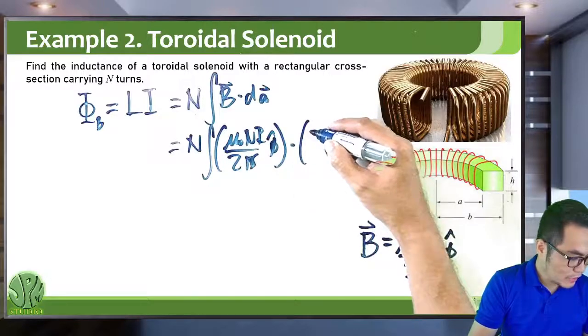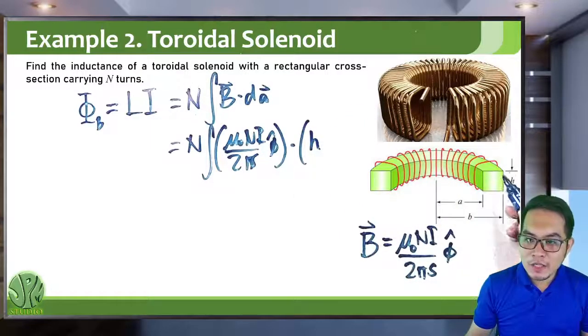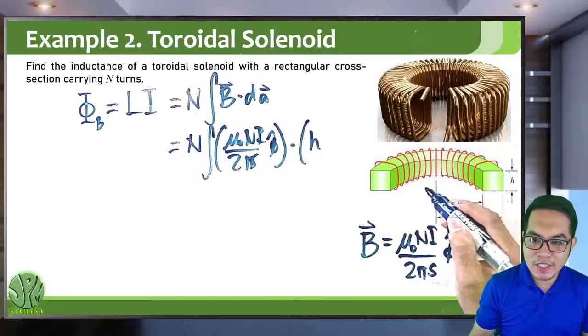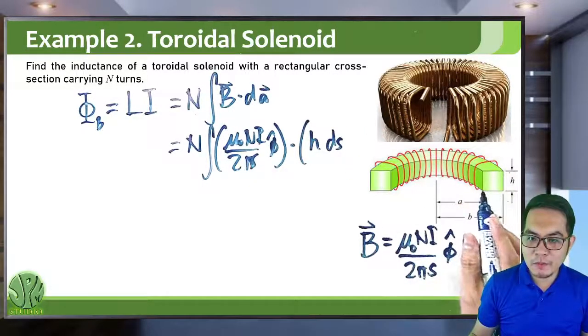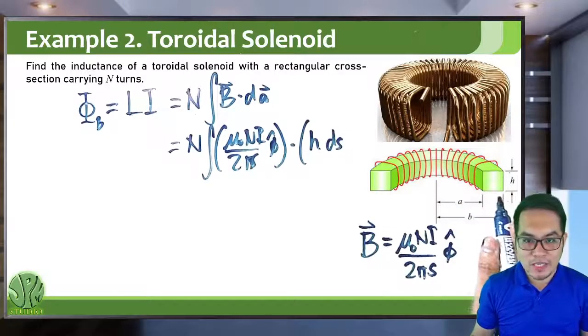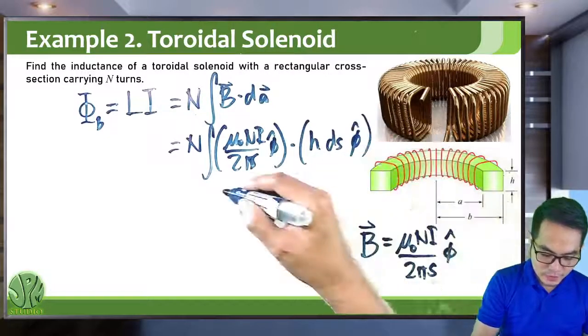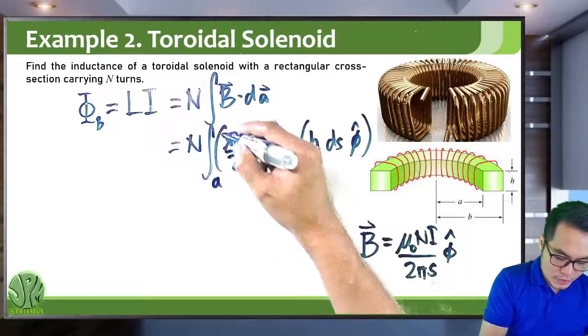In this case, dA is a rectangle, so its height is h, and its width is ds. This is the s axis, ds, so ds will be evaluated from a to b.